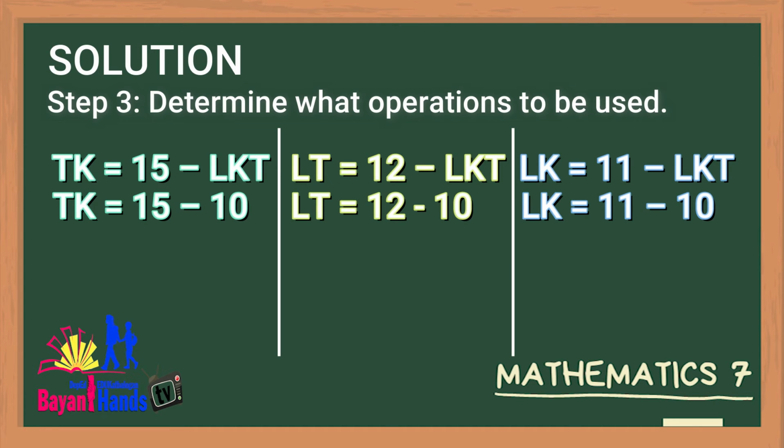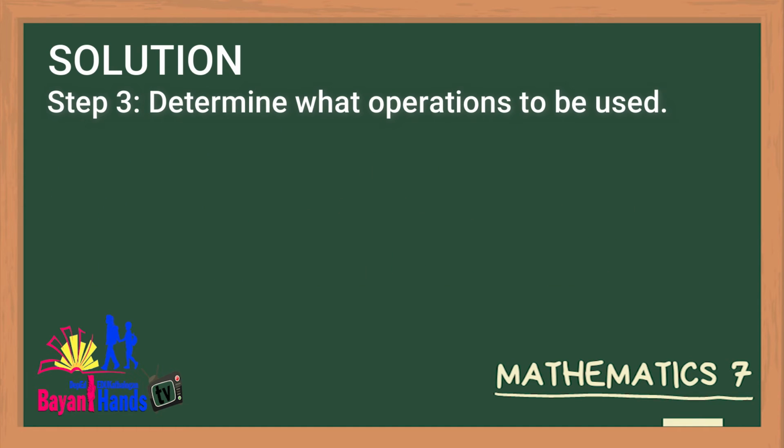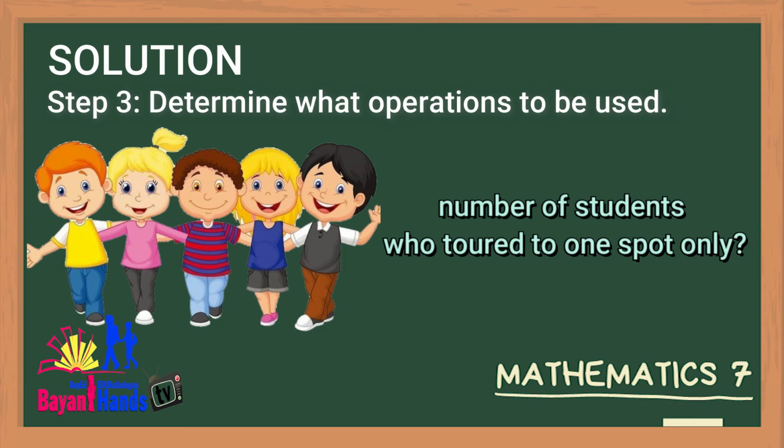Discount the number for LKT from being redundantly included, thus TK is equal to 5, LT is equal to 2, and LK is 1.